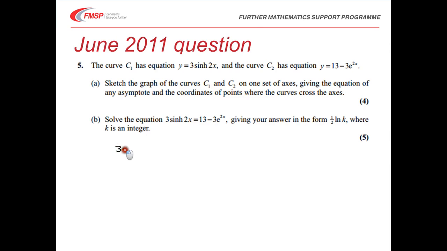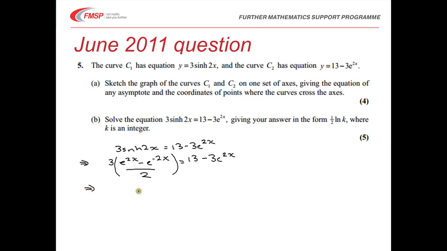So I'll start with the equation as given. And we'll immediately switch that for e to the 2x minus e to the minus 2x over 2, replacing sinh of 2x there, equals 13 minus 3 e to the 2x. And at this point I'll clear out all the fractions.